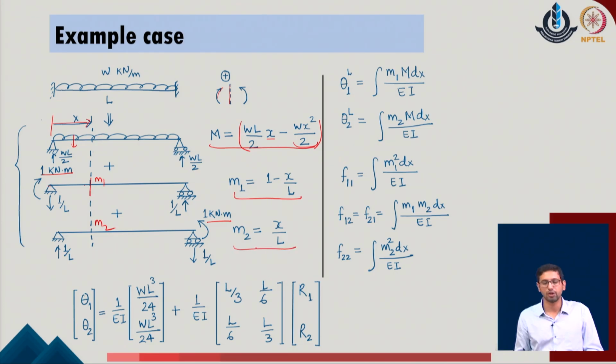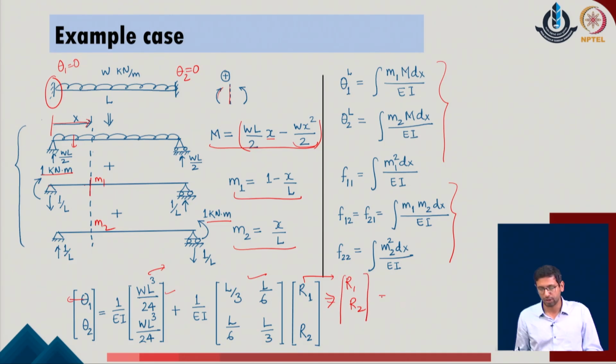Once we have all these values, we can substitute them in the given expression, and we can calculate the standard values of these expressions, and from there we can have the values of these parameters of the given system. Theta 1, as we originally understand in the given problem, is 0, and theta 2, which also corresponds to the original system, is 0, and that gives us the expression for evaluation of R1 and R2 in the given system.